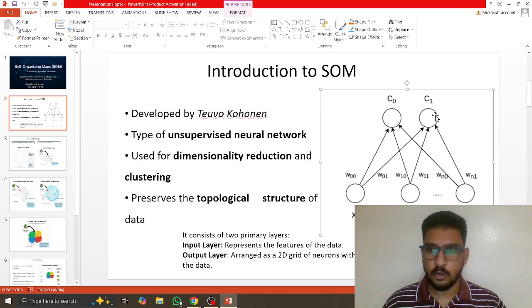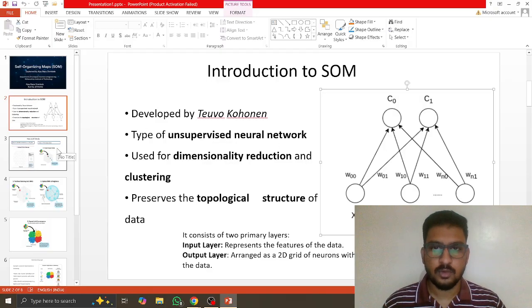And these are the output layers. The arrows between the input and output layer are the connections, which are the weights, randomly initialized, and in the output there is a formation of a 2D grid of neurons.